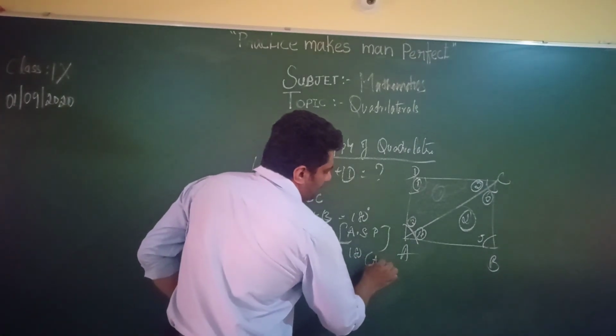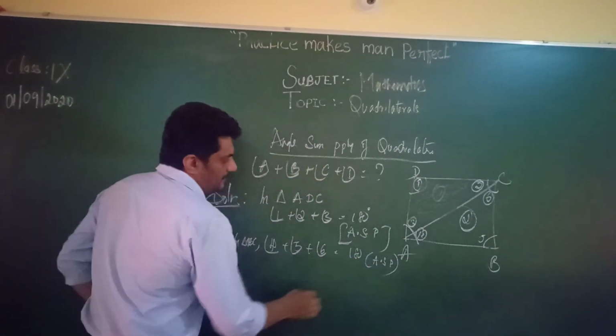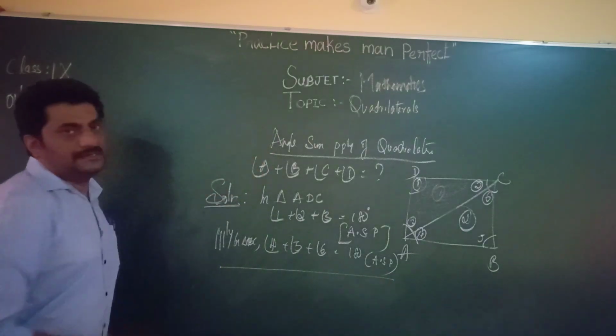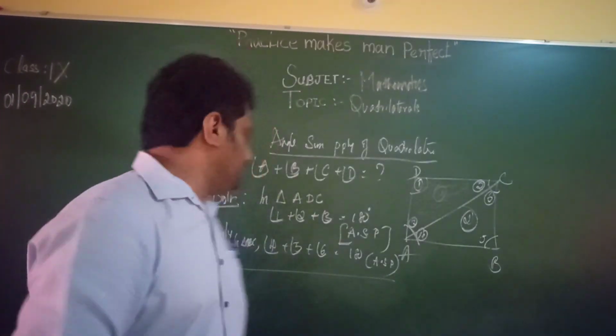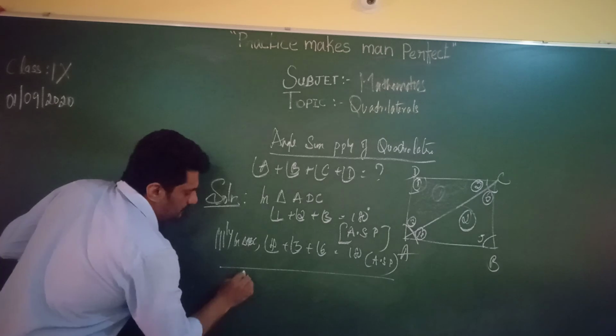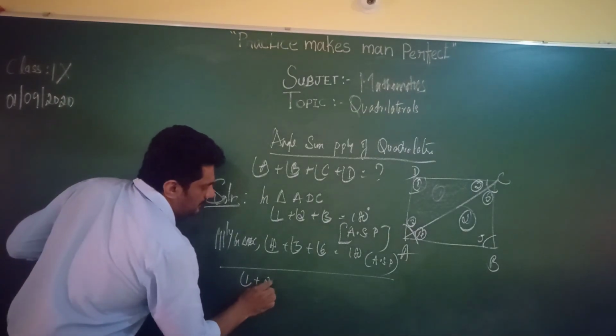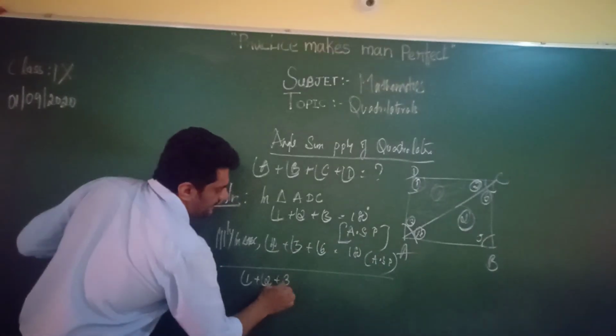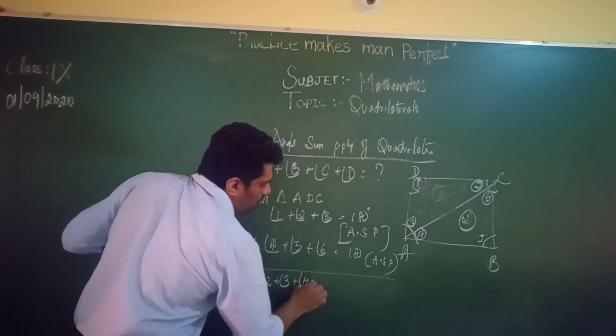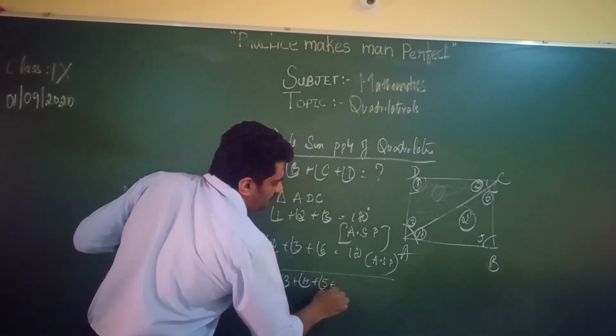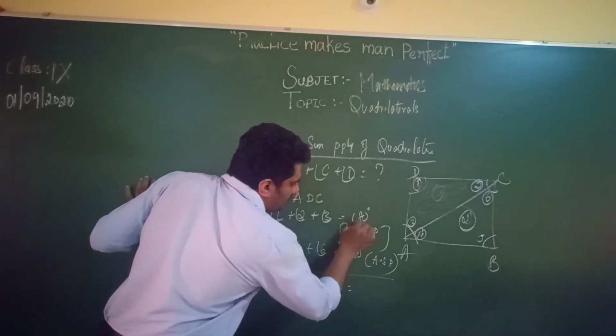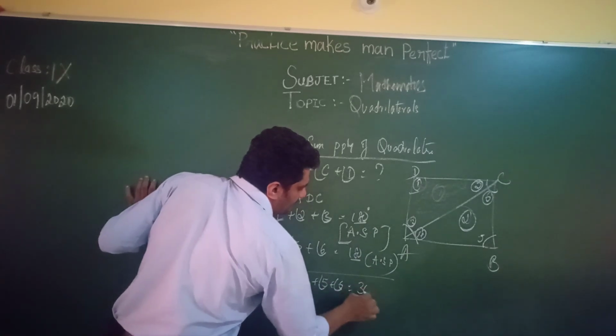Again, angle sum property. Adding both the equations, we get angle 1 plus angle 2 plus angle 3 plus angle 4 plus angle 5 plus angle 6 is equal to 180 plus 180, 360.